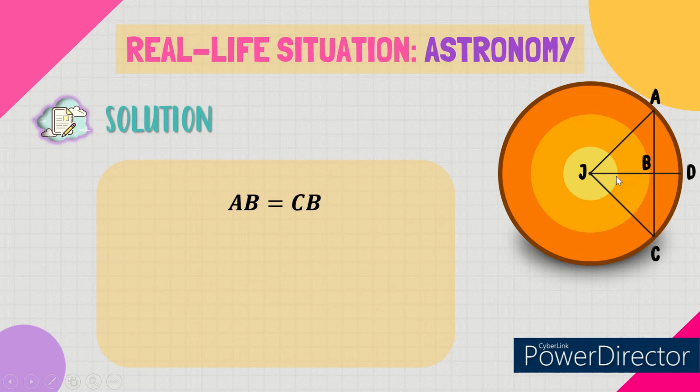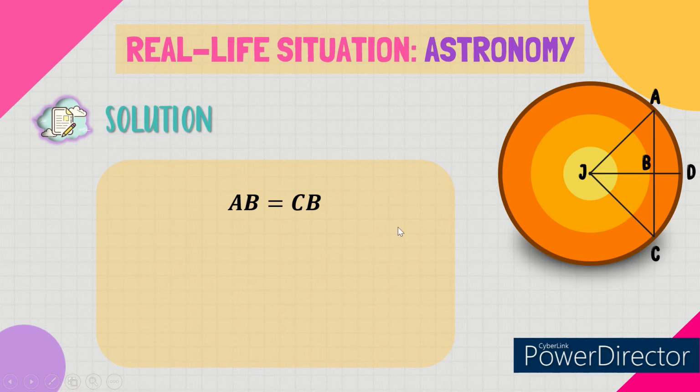And this line segment JD is a perpendicular bisector, because it bisects or splits the line AC into two equal parts in 90 degrees or right angle.